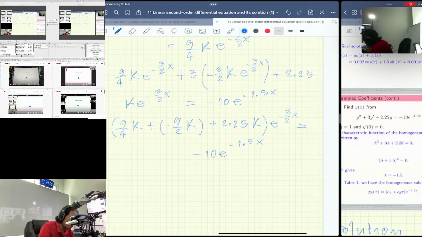You can see that this coefficient should be equal to -10, right?